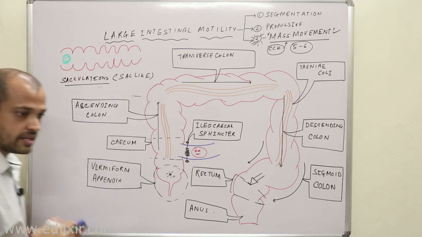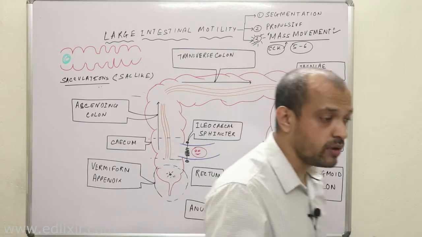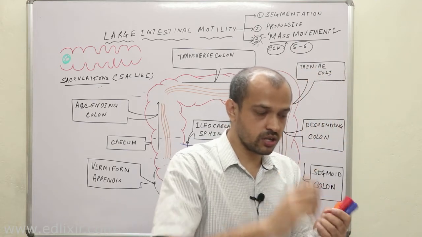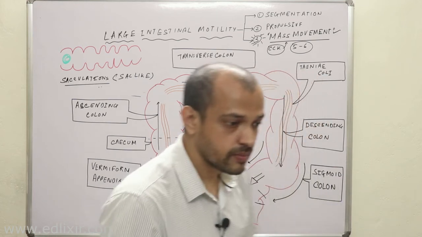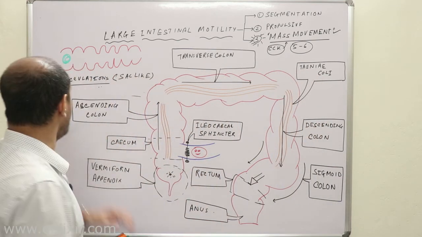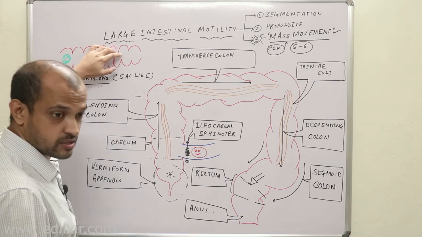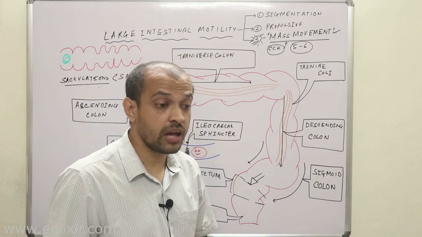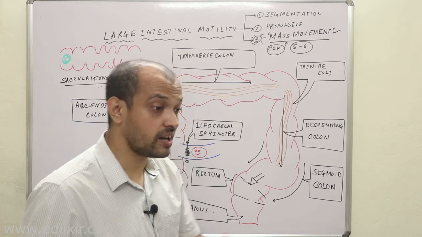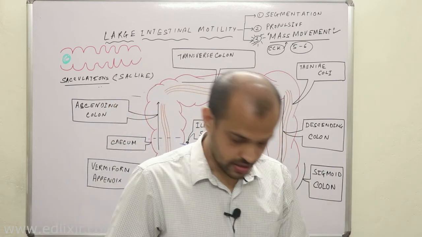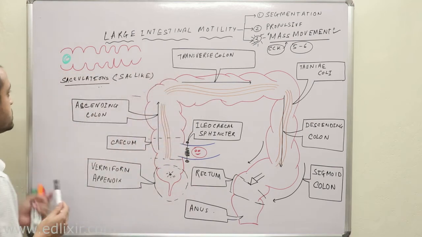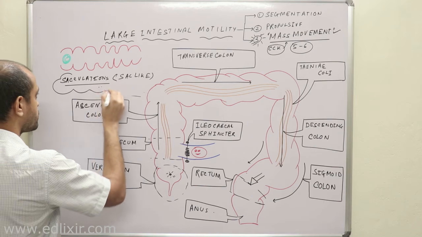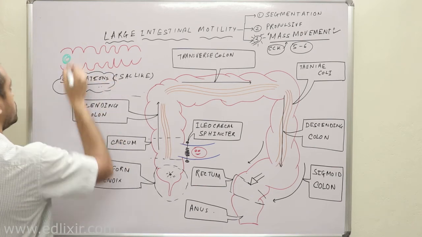They form saculations or sac-like movements. That means the food particles are converted into small fragments of food paste, which are present in different sacs. Why is the large intestine doing this? Because it absorbs water and other ions vigorously. Clear? Now this saculation or sac-like movement of the large intestine is called haustra.